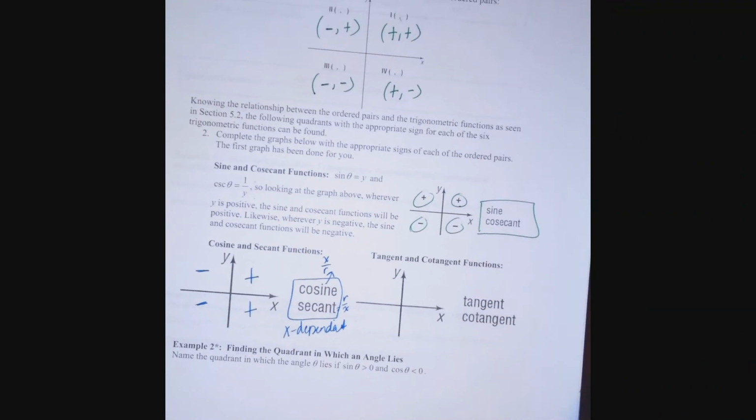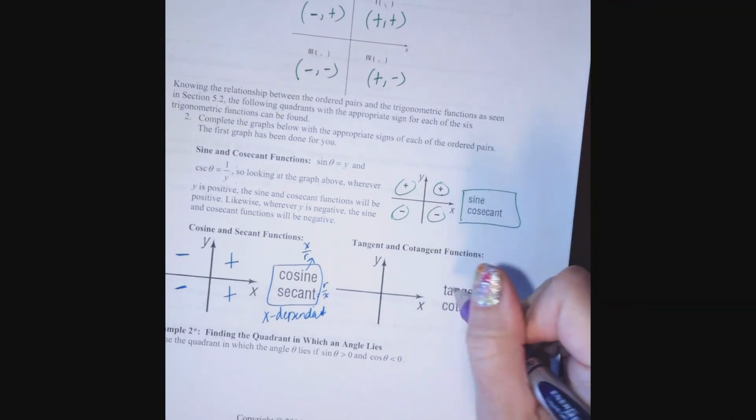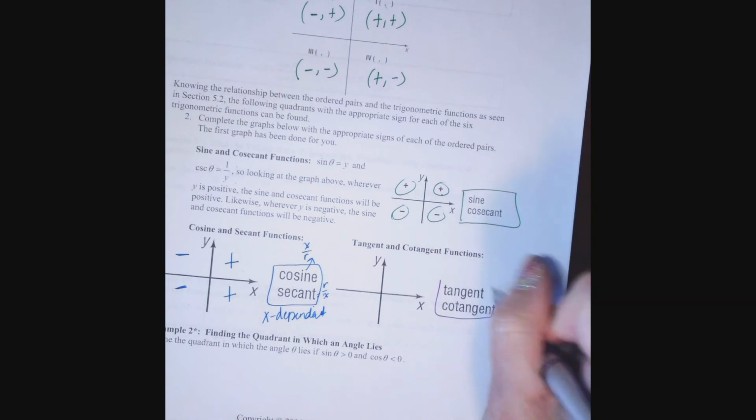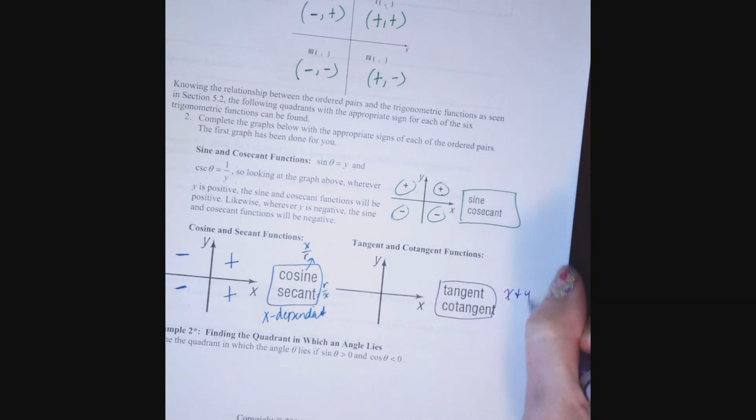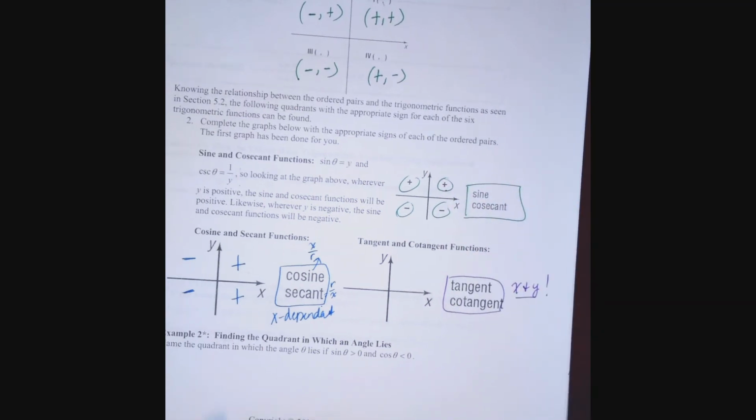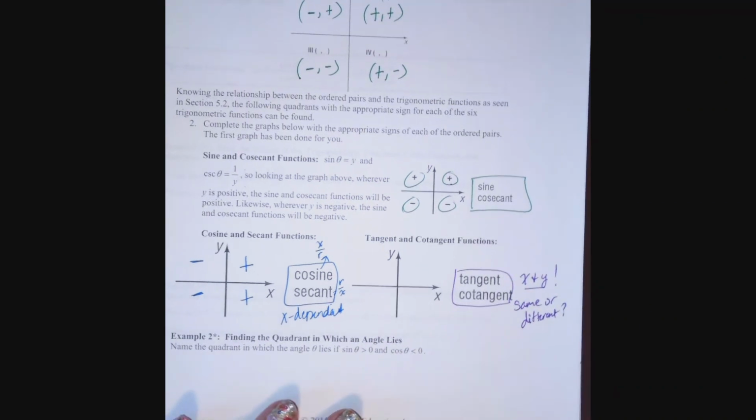And finally, we have tangent and cotangent. Now, tangent and cotangent use both the x and the y. They refer to both of them. So we're interested in, do x and y have the same algebraic sign? Are they both positive, both negative, or are they one positive, one negative?